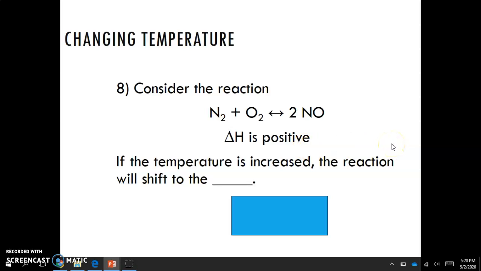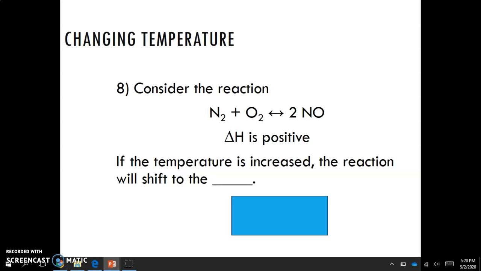So here we've got another temperature problem. We've got nitrogen and oxygen again. So the same formula that we were looking at before, but now the delta H is positive. And when we have a positive delta H, that's our indication that this is endothermic. So heat, if you want to visualize it, should be on the left-hand side as a part of the reactants because it's what goes into the equation.